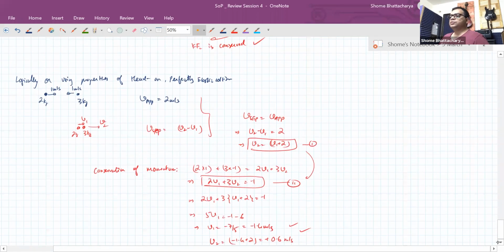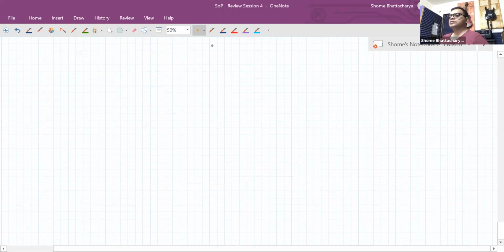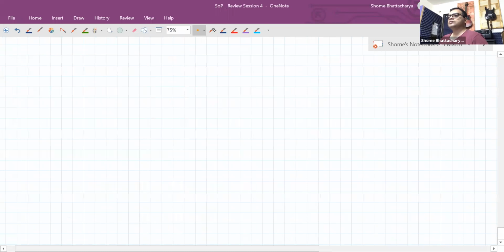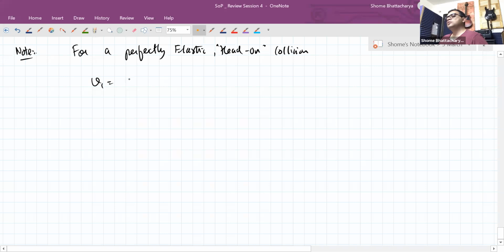Now another very important aspect about perfectly elastic head-on collision that we learn. We've already seen the formula.